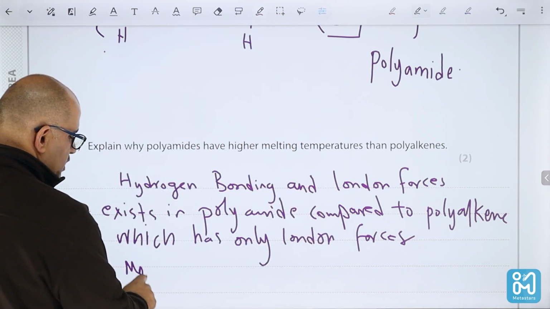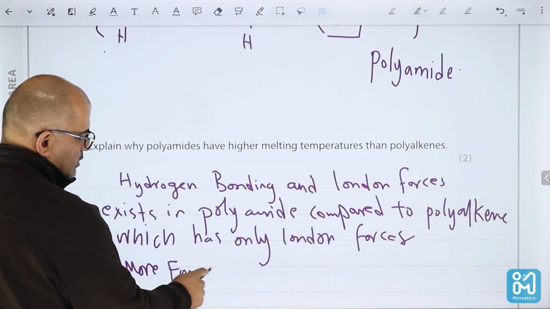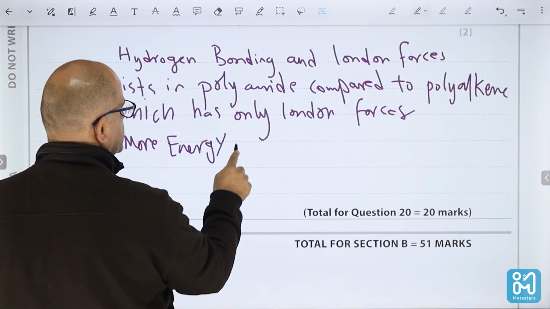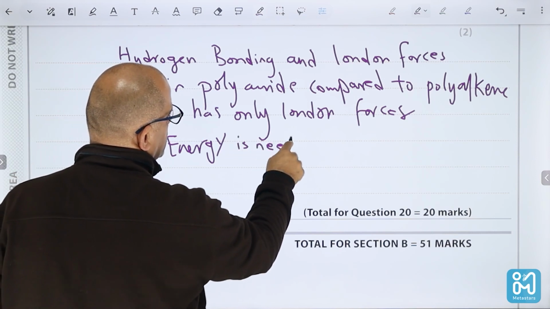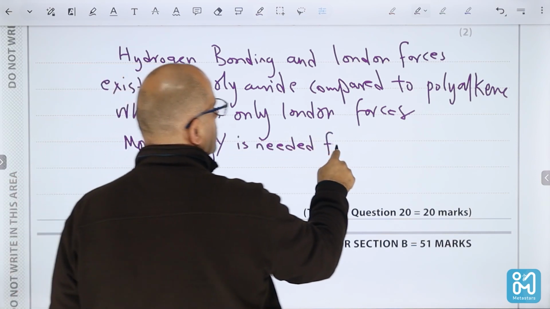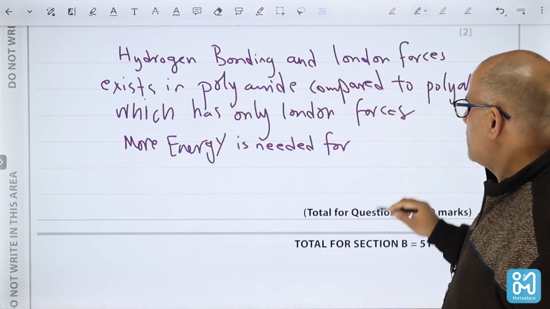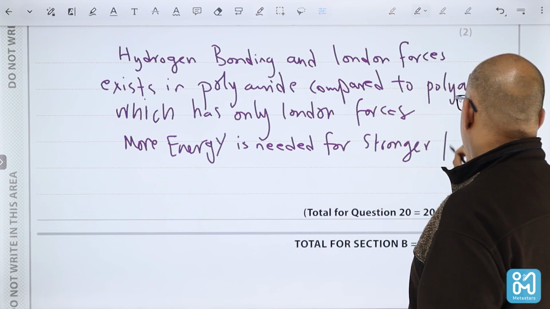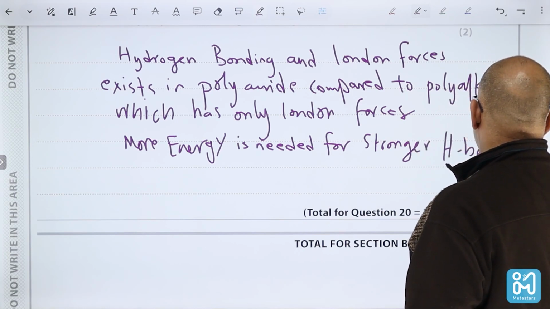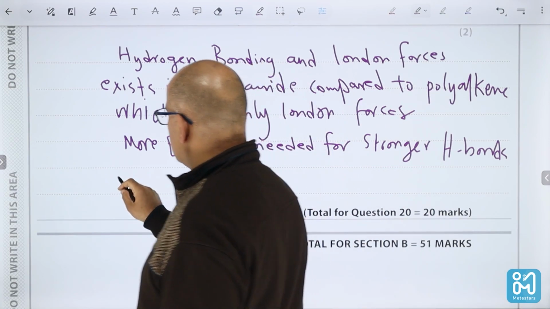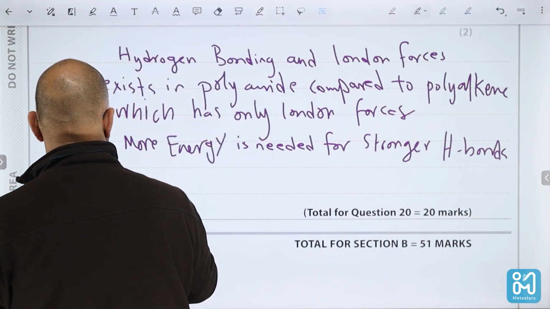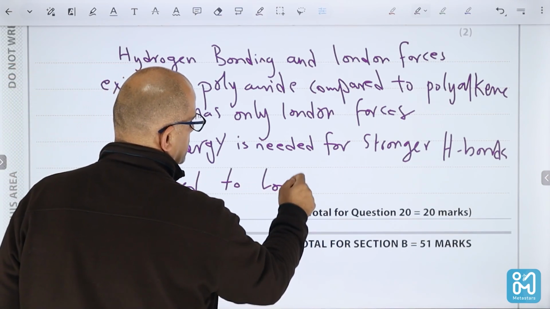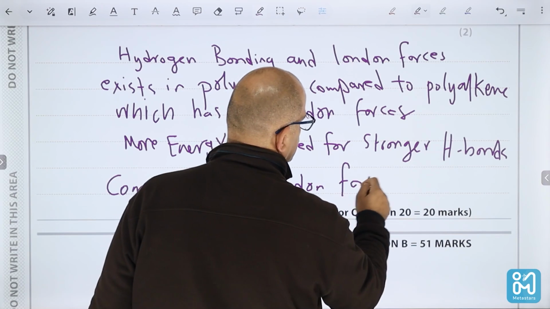So more energy is needed to overcome the stronger hydrogen bonds compared to London forces.